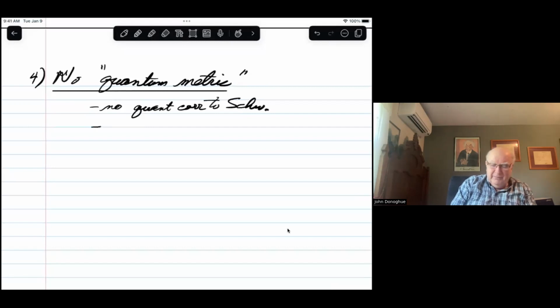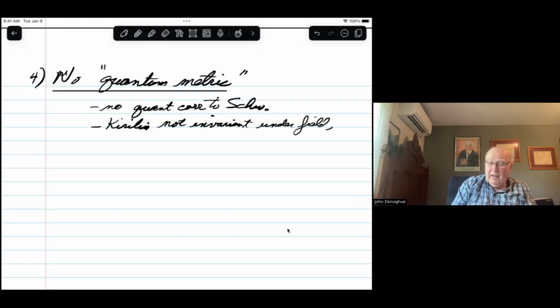The basic point was picked up by Kierlin. Kierlin showed by calculating that it's not invariant under field redefinitions. In other words, this thing that we call Hogg's theorem does not apply.